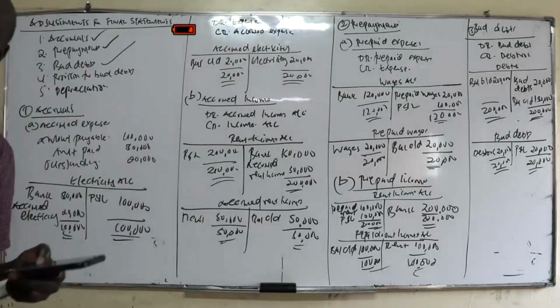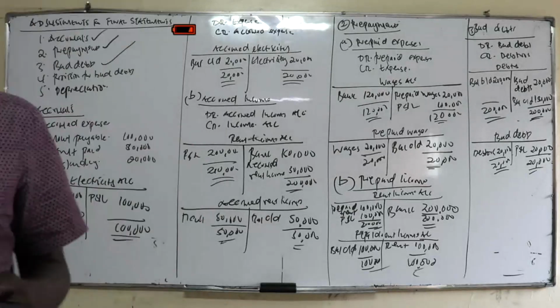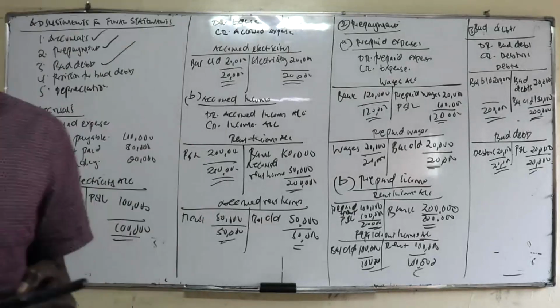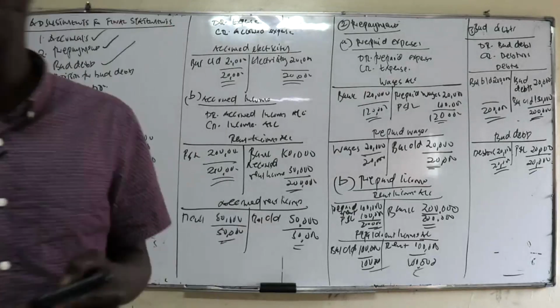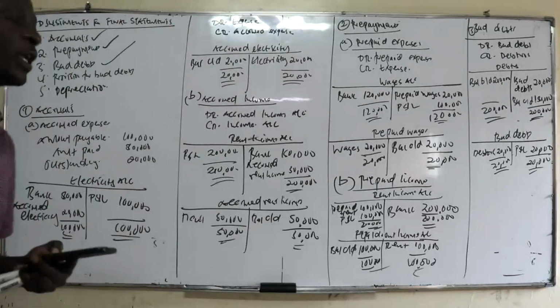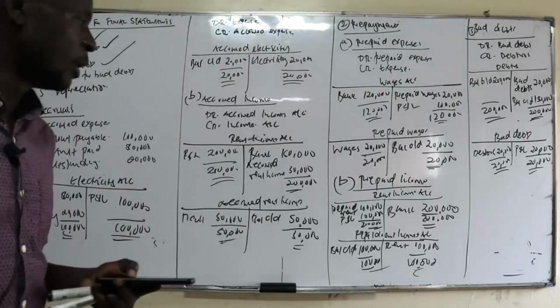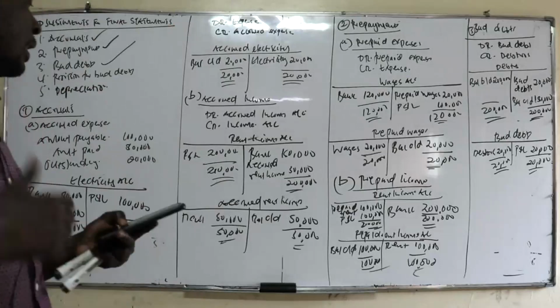It's an amount that is set aside to cater for an expense that is likely to occur. It's not that it's going to occur or it has occurred, but we anticipate it to occur, and therefore we set some amount aside to cater for that particular expenditure. Like for example, if you have small kids at home, those whose immune system is not very strong are likely to fall sick frequently.